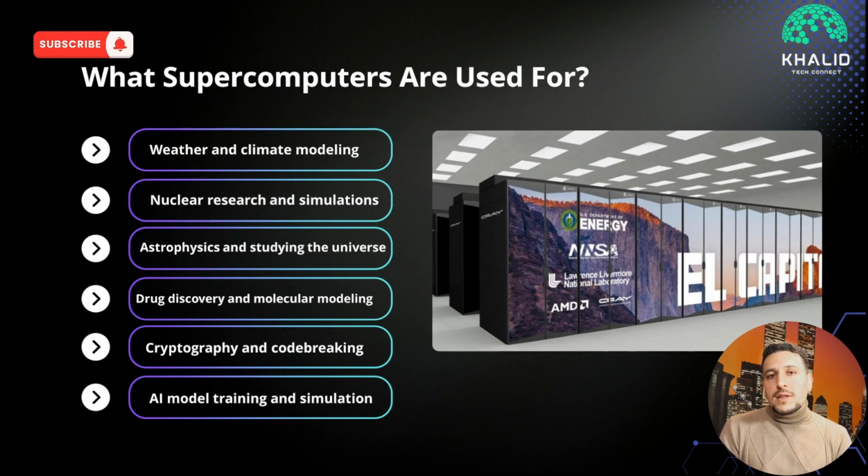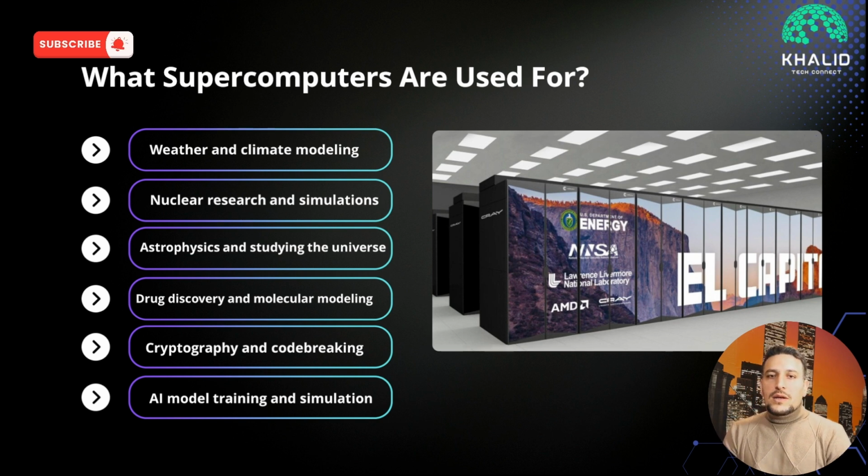Then we use them for nuclear research and simulation. We use them, of course, for astrophysics and studying the universe. Nowadays we are on the moon, we are in space, and that's with the help of the supercomputers. Then drug discovery and molecular modeling.